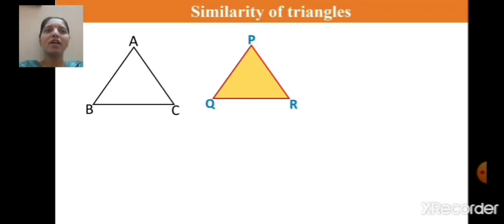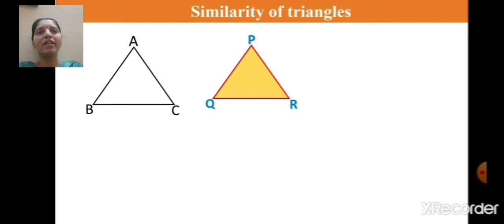Let's start with the similarity of triangles. Here I have shown triangle ABC and triangle PQR. You want to find the similarity between these two triangles, right? So what is the first step? Correct, you have to find the correspondence between the vertices.